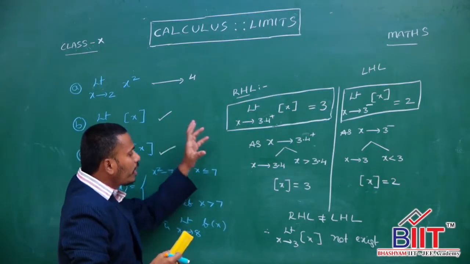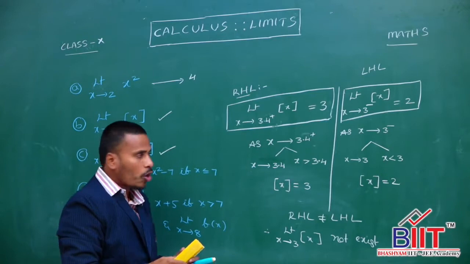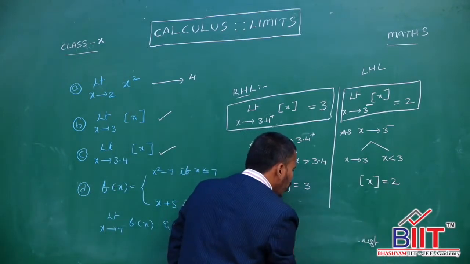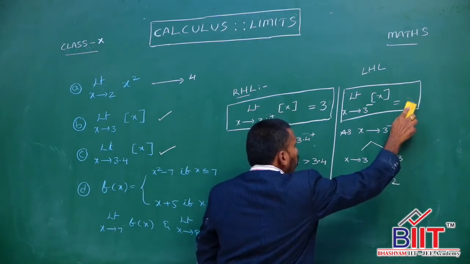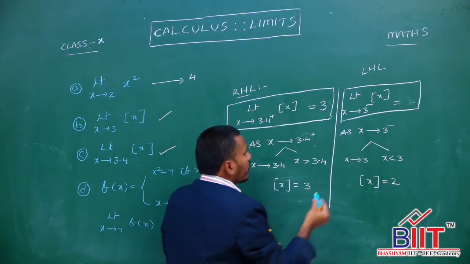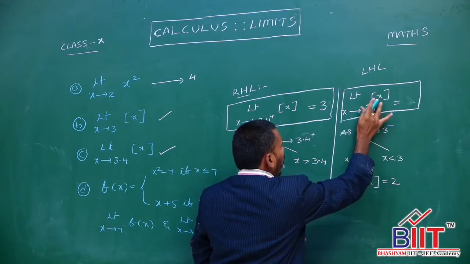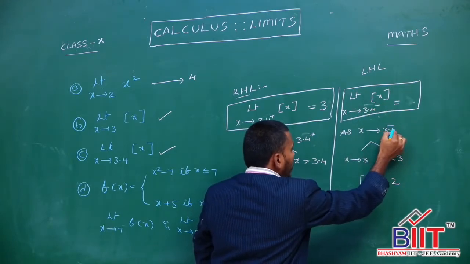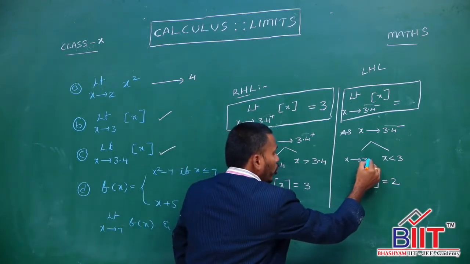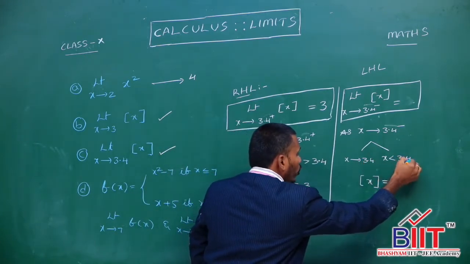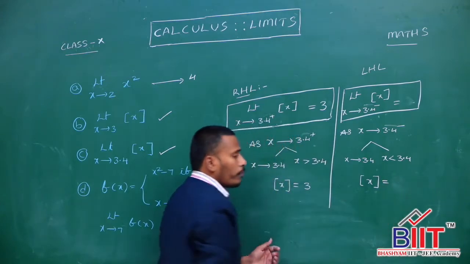So the right hand limit is again 3. Okay, then think about the left hand limit. I am going to observe the nature of step x as x tends to 3.4 minus. As x tends to 3.4 minus, what does it mean? x is tending to 3.4 and x is less than 3.4.